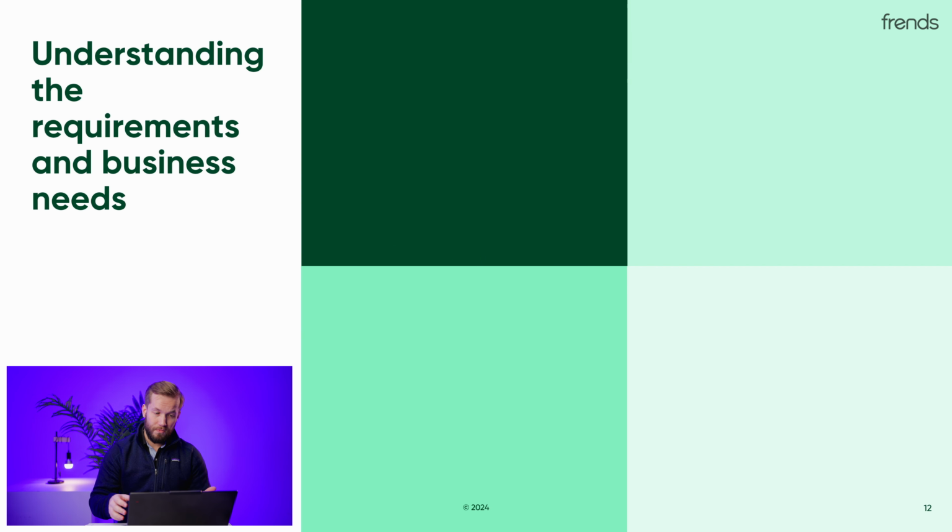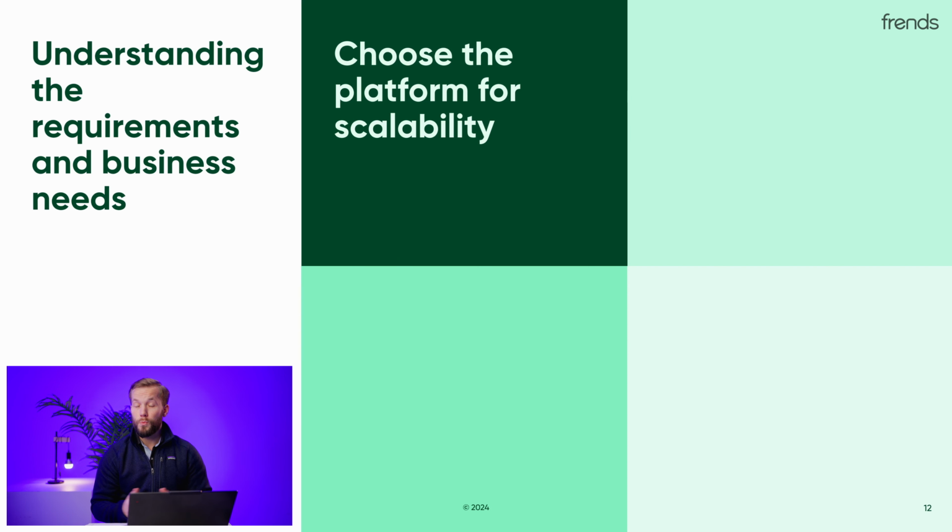We need to understand what we are building those APIs for, what the actual benefit of those APIs is, and what the functional or non-functional requirements are for those APIs. Then we need to select the proper platform which enables the scaling. For instance, with Frends, we can set up the API so that it can basically scale indefinitely. So keep that in mind.